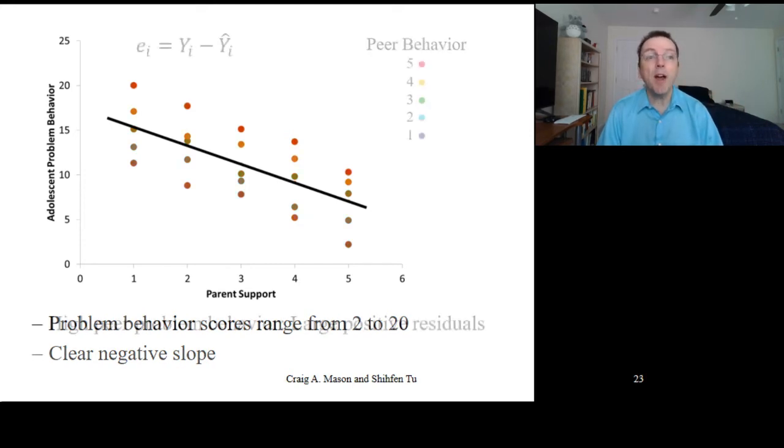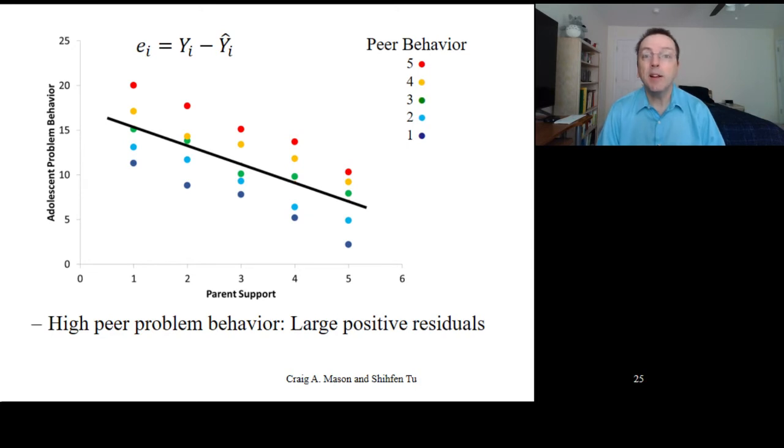And this is what we find. Now, clearly there's a trend. Notice that the kids with the largest positive residuals also had peers with the highest behavior problem scores. In other words, youth who had more behavior problems than expected, given their level of parental support, also associated with the most problematic peers.